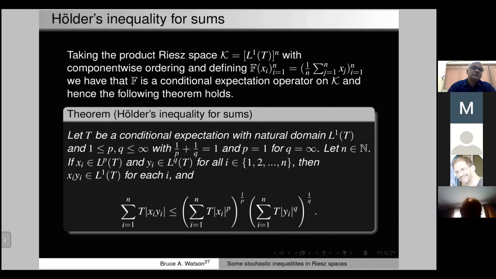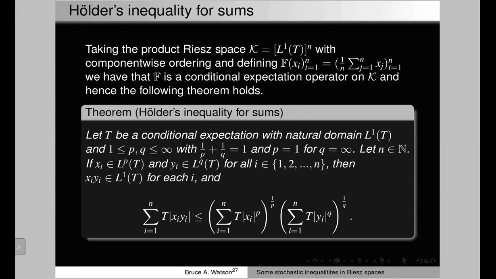We can apply Holder's inequality to this setting from the previous slide, and we get immediately the summation Holder's inequality given here for finite sequences x_i from LP, y_i from LQT.